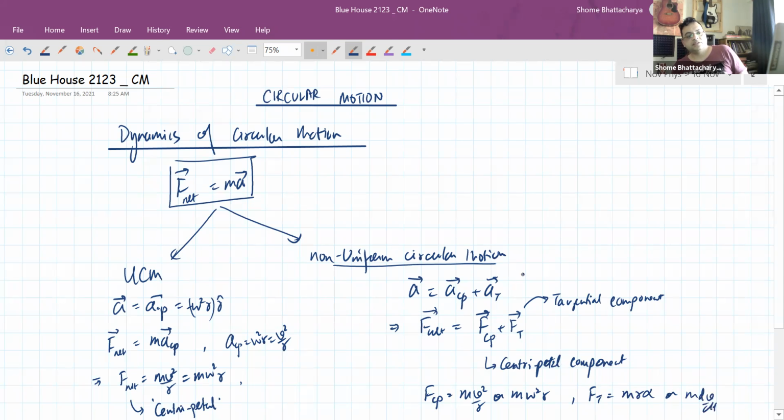Because now we understand here that tangential acceleration is radius into angular acceleration or rate of change of speed dv by dt.